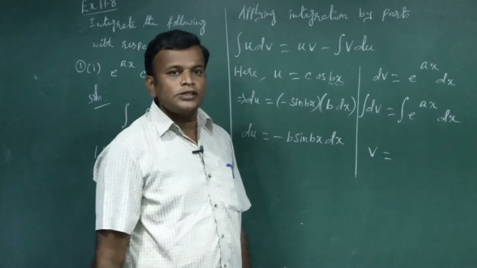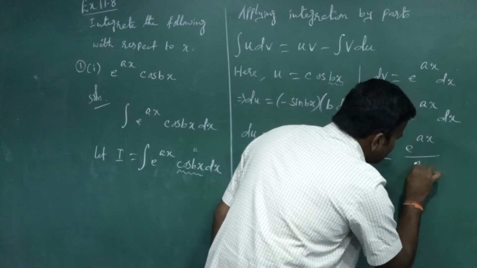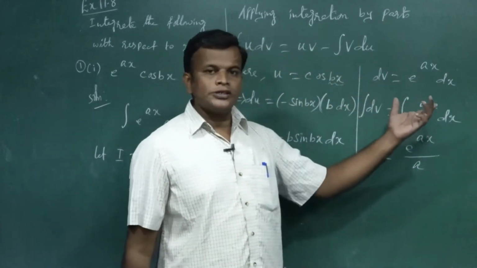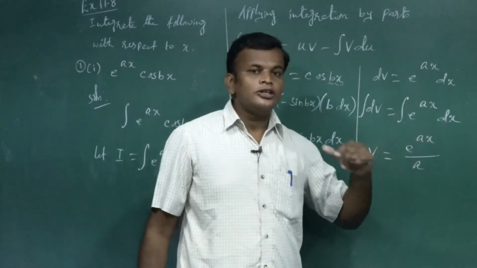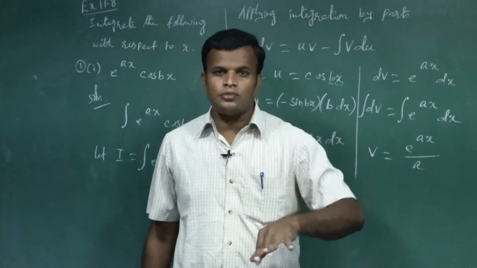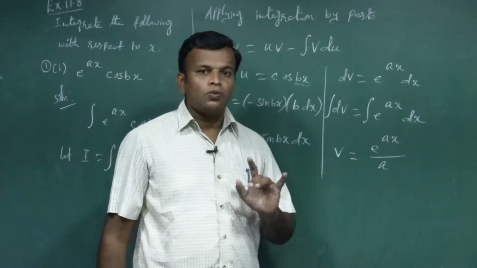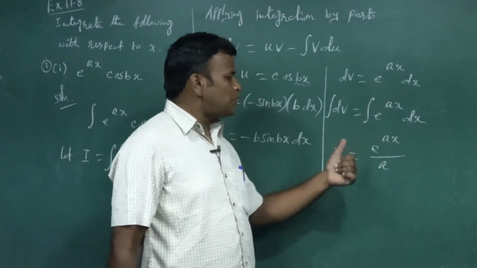Integrating e power ax is e power ax divided by a. The e power x formula is e power x, but it is a composite function, so the differentiation of ax with respect to x goes in the denominator. In ax, a is a constant, x with respect to x is 1, and a times 1 is a. So the integral of e power ax is e power ax by a.